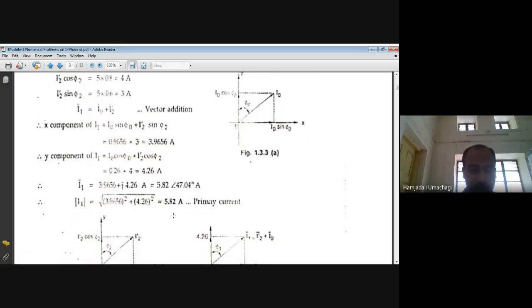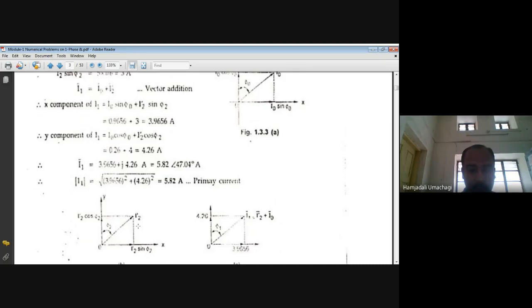You can see here, this is my I2 dash, and this is the y component, I2 dash cos phi 2, and the x component, I2 dash sin phi 2. The y component was 4.26 and the x component is 3.9656. If I add these two values, I get primary current I1. I1 is nothing but I2 dash plus I0.